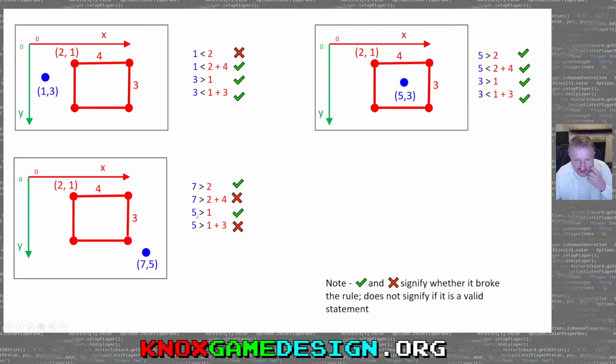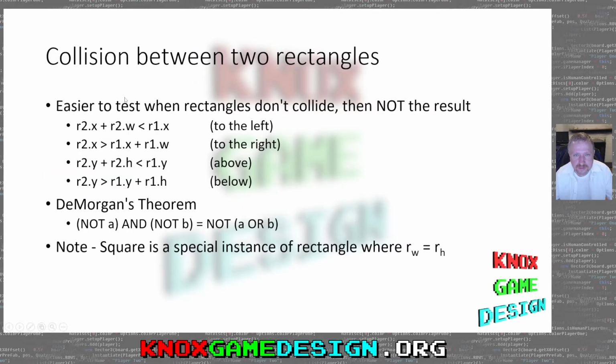Then the y value, so 5 is greater than the y value of the rectangle, so 5 is greater than 1, check. But 5 is greater than the y value of the rectangle plus the rectangle's height, so that's an x. So it's to the right of the rectangle and below. So 2 of those rules are broken, which means it doesn't exist within the rectangle.